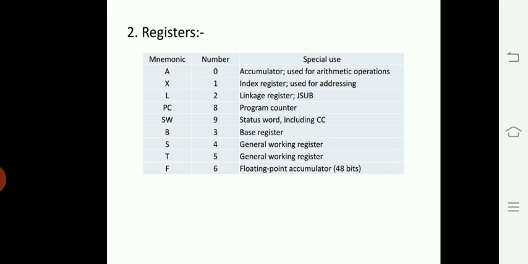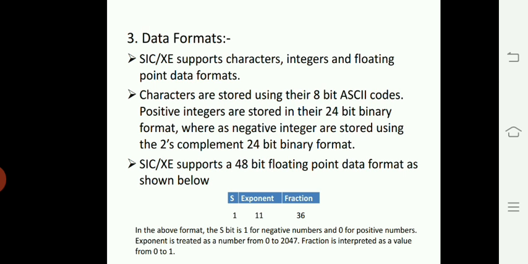The size of the floating point accumulator register is 48 bits, and it is used to perform floating point arithmetic operations. In floating point arithmetic, one of the operands should be present in the floating point accumulator F, and after the computation, the result is stored back in the floating point accumulator register.